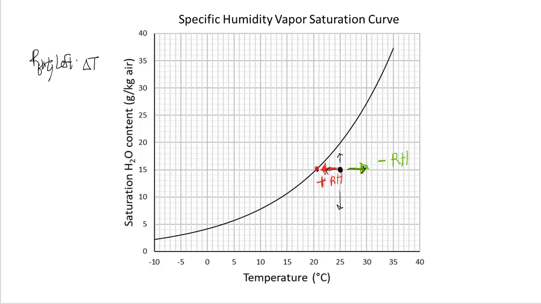Well, the short answer is the only way to make an air mass contain less water vapor is to have some of its water vapor precipitate out. And that can only happen if we are on or beyond the saturation curve. In other words, that can only happen if we are in the supersaturation region, anywhere in this pink region here.